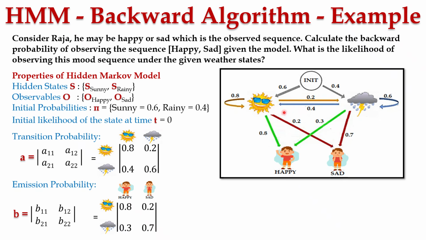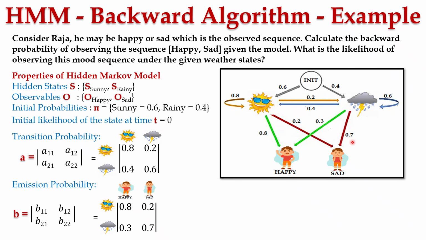The value is 0.2 in our model. Next, the matrix value B21 represents the probability of Raja being happy during rainy. The value is 0.3 in our model. The matrix value B22 represents Raja being sad during rainy. The value is 0.7 in our model.